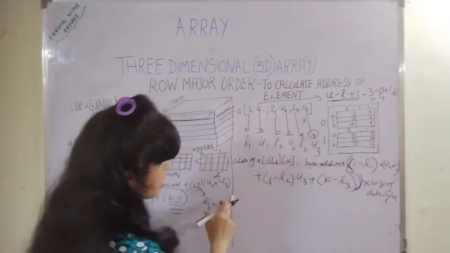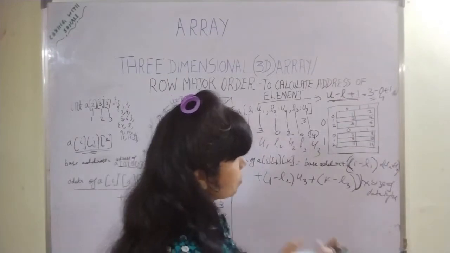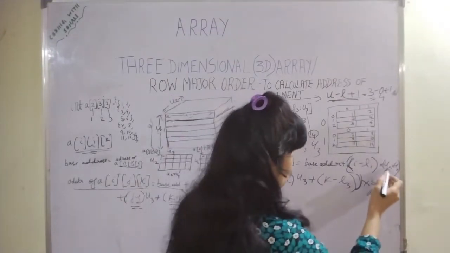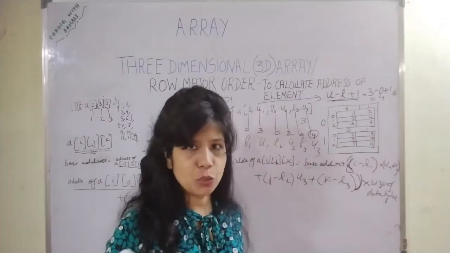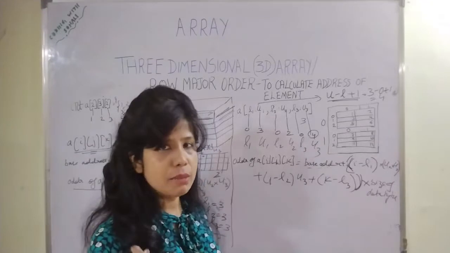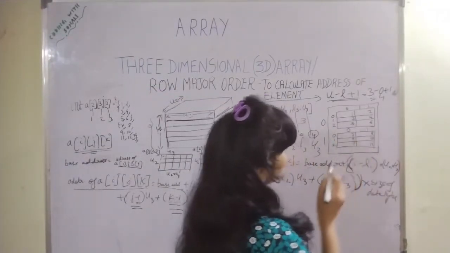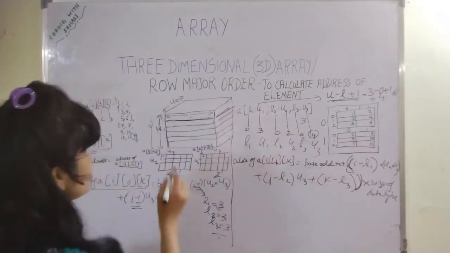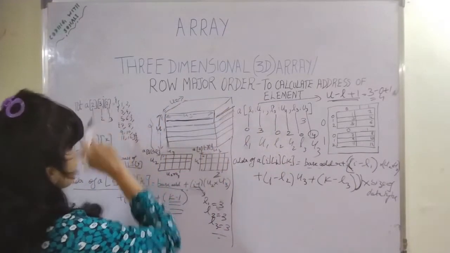So I have to represent U2 and U3 in the form of lengths. What will be U2? That is U2 minus L2 plus 1. It gives me the total number of elements present, because U2 is the whole dimension, that is the second dimension of your 3D array.